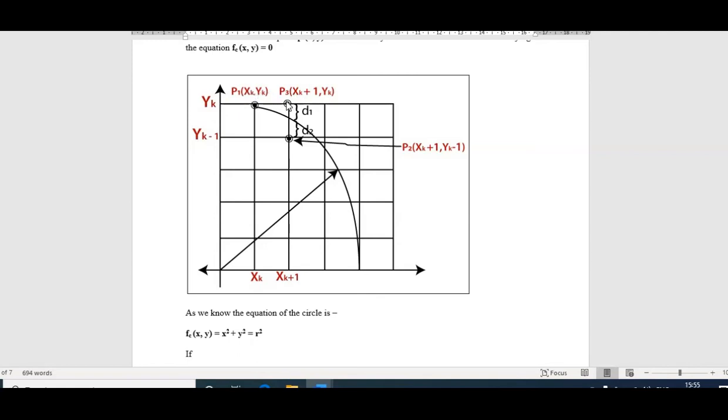For P3 the x coordinate is increased by 1. And this one is the point P2. Its coordinates are xk plus 1 and yk minus 1, because x is incremented and y is decremented. Okay.